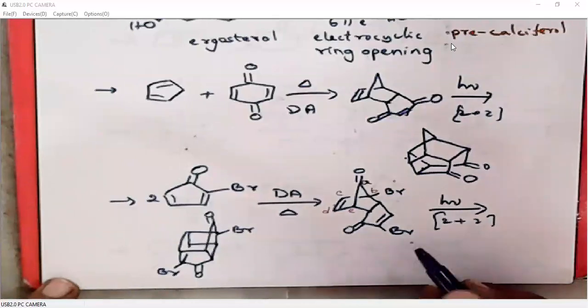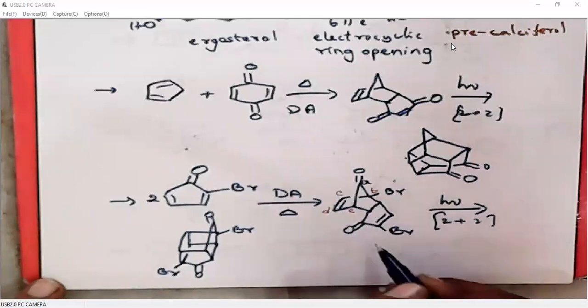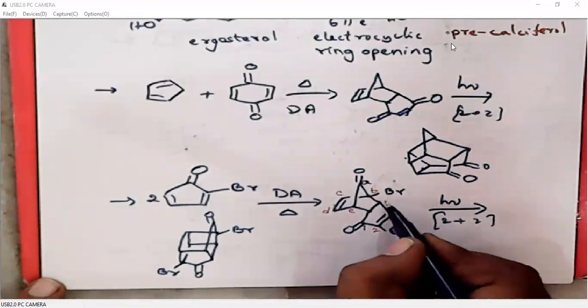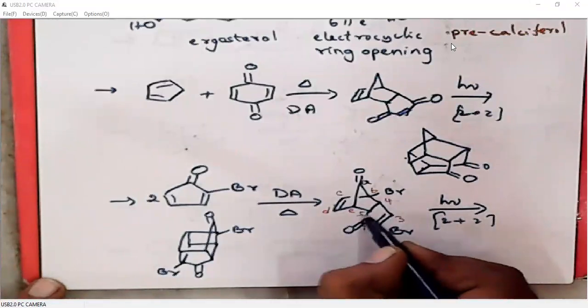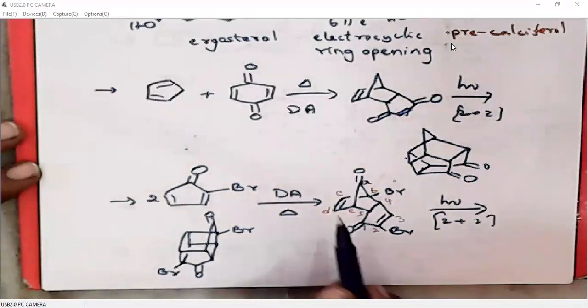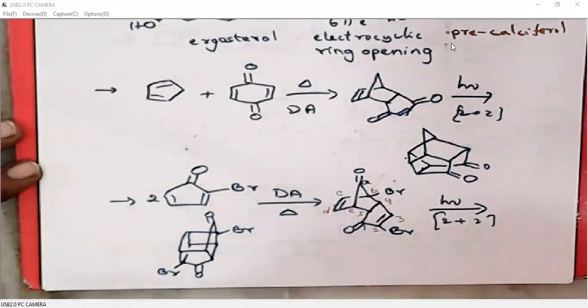Then we will give different numbering to the other 5-membered ring: 1, 2, 3, 4, 5. Now we can give the same numbering here. We can easily identify whether a 2+2 is happening here or not.